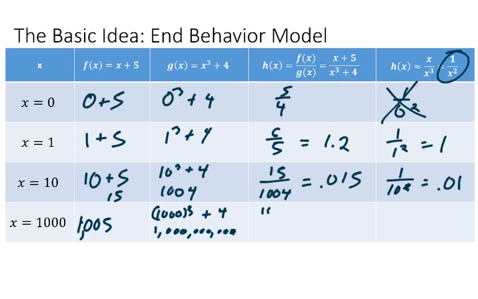So this would be 1,005 over 1,000,000,000, which ends up being 0.000001, 1 millionth. If you do the same thing over here with the approximation, it's 1,000 squared, and it also ends up being 0.000001. There's other stuff behind this decimal in one of them, but in this one there's not.